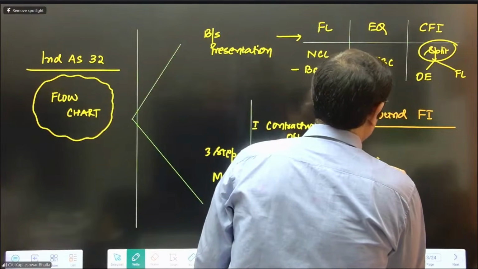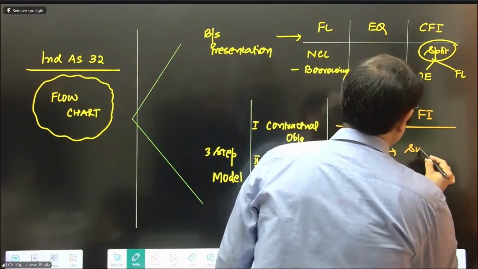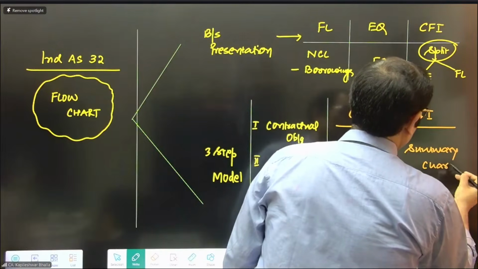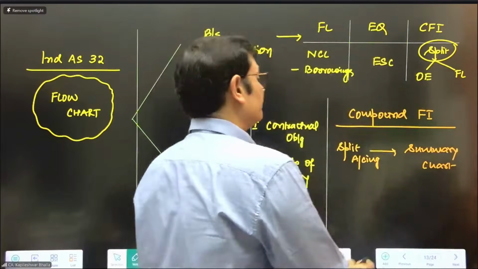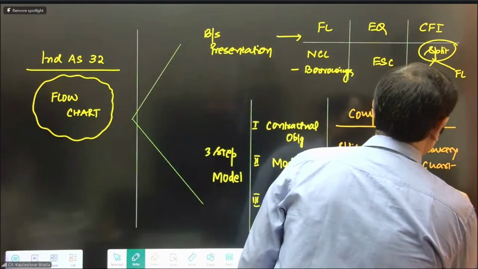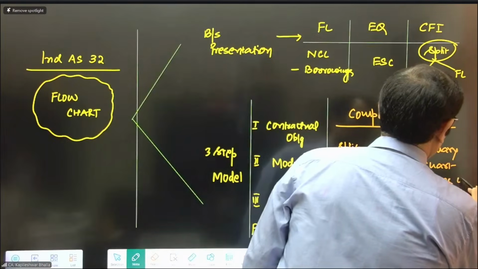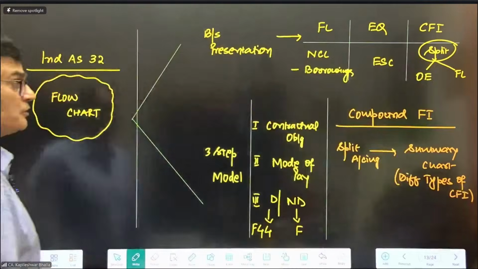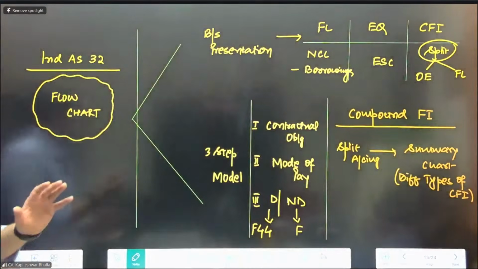For the split accounting, I've already given you a summary chart based on different types of CFI. This chart gives you clarity on the different types, so that should be a mapping in the back of your mind.